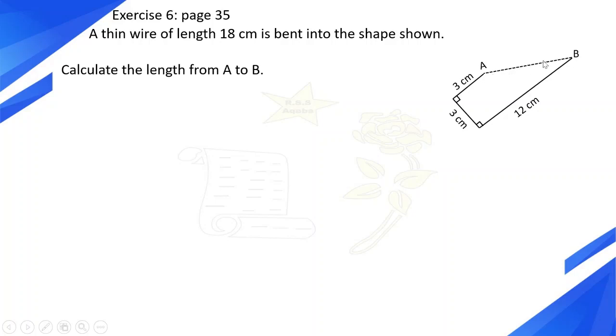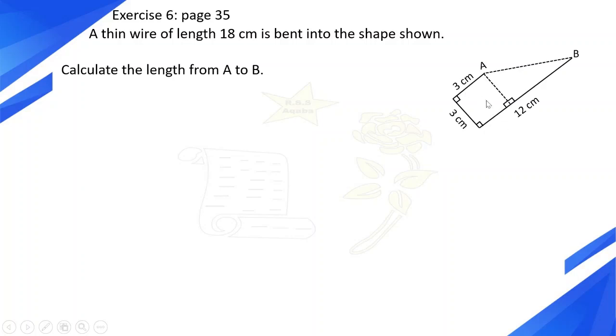To find the length of AB, first we have to draw a perpendicular line from A to this side. It's perpendicular. And of course, the length of this side will be 3 centimeters as the opposite side, and this shape is a square. So from A to this point, 3 centimeters. The opposite side will be, of course, 3 centimeters.